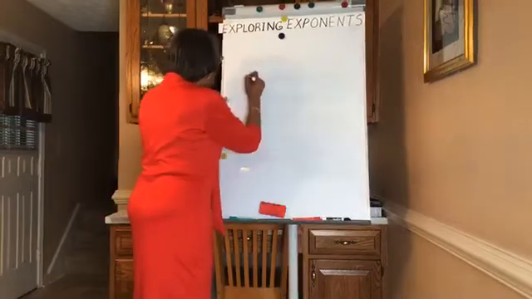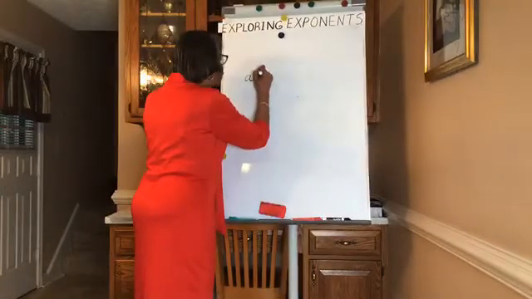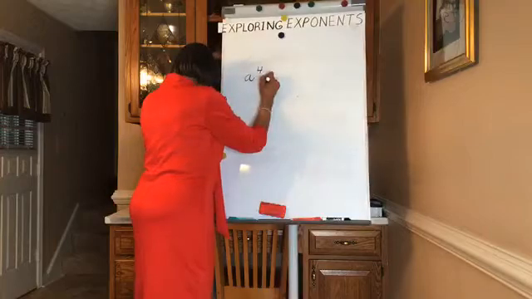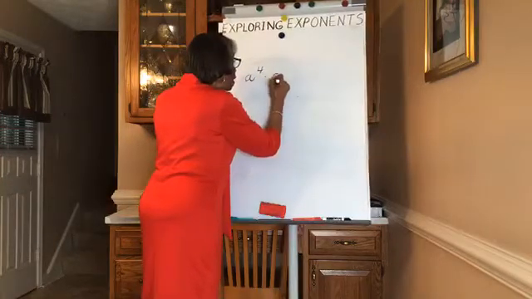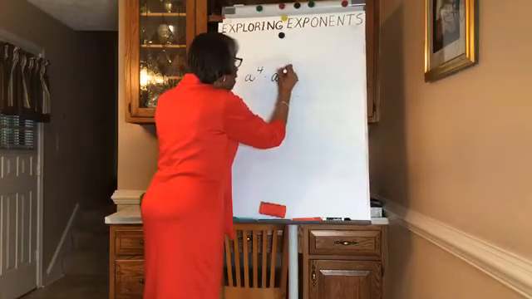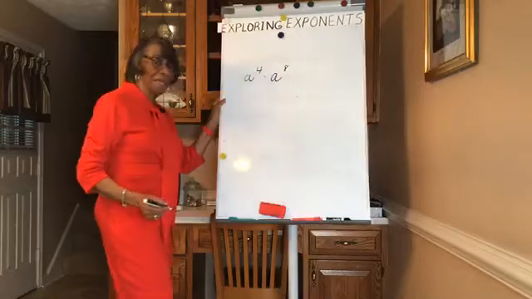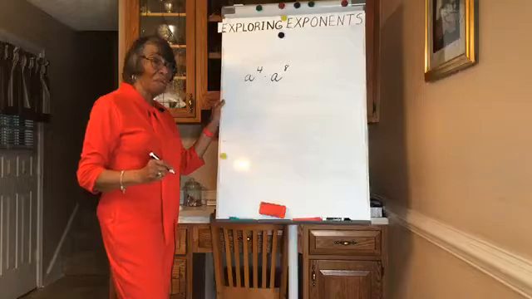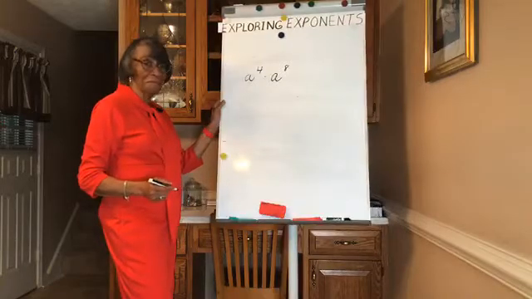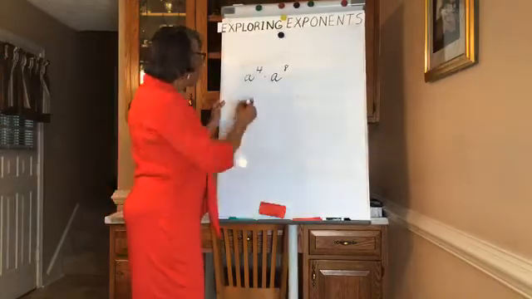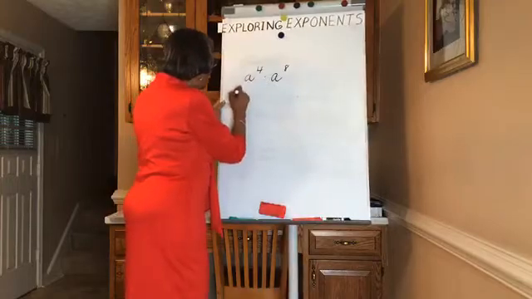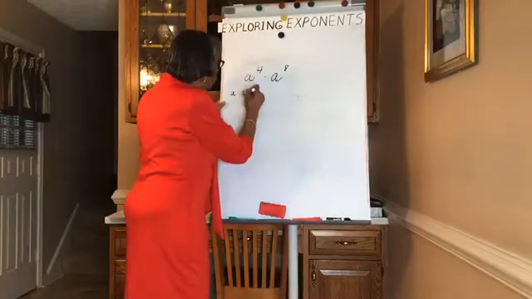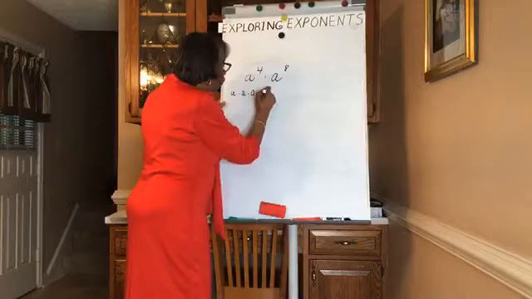All right, let's do a to the 4th times a to the 8th. All right, what do you get? How many of you were able to write your answers already? All right, so this is 4. 1, 2, 3, 4.